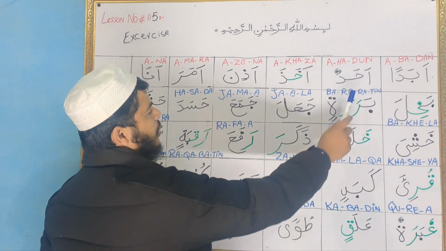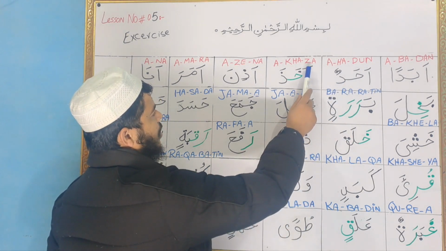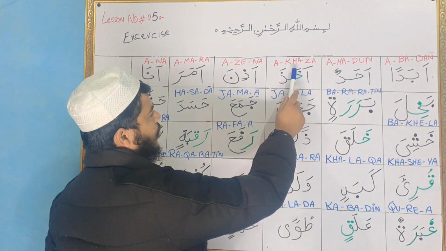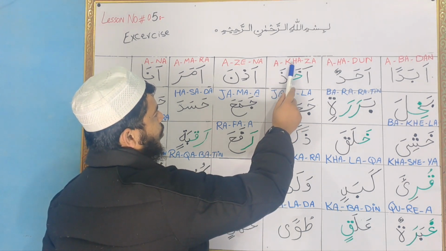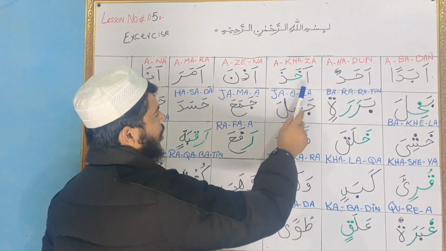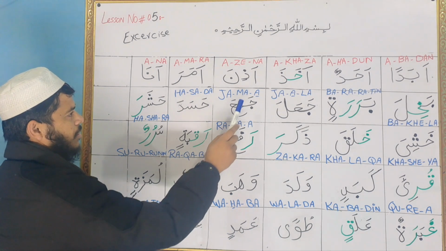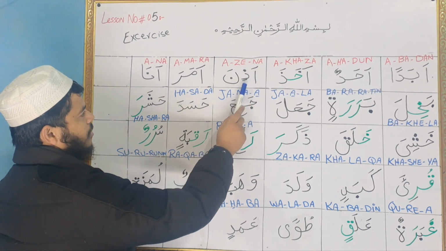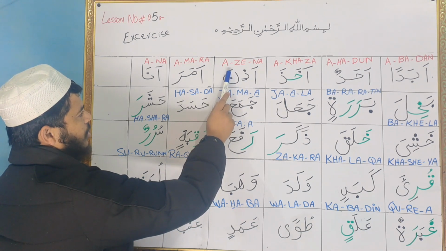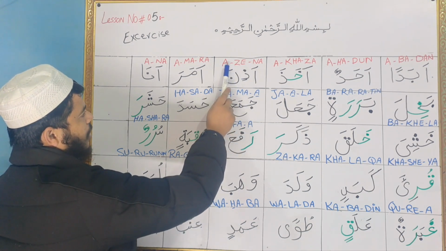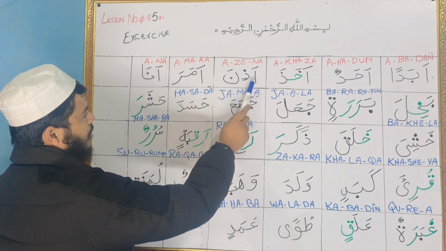ahadun, ahadun. Next, Hamza Fatha A, Kha Fatha Kha, Zal Fatha Za, A Kha Za. Then Hamza Fatha A, Zal Kasra Zi, Nun Fatha Na, Azina, Azina.